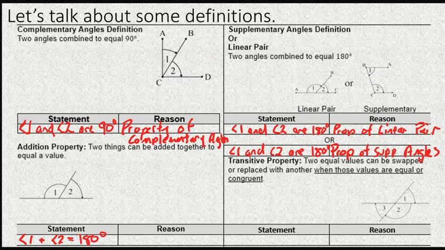And the answer is kind of yes, but we want to justify every step with as much precision as possible to alleviate having holes in our argument. This is why I make the statement that these are such huge life skills. So I could justify this by saying that angle 1 plus angle 2 equals 180 degrees by employing a property of addition or using the addition property.